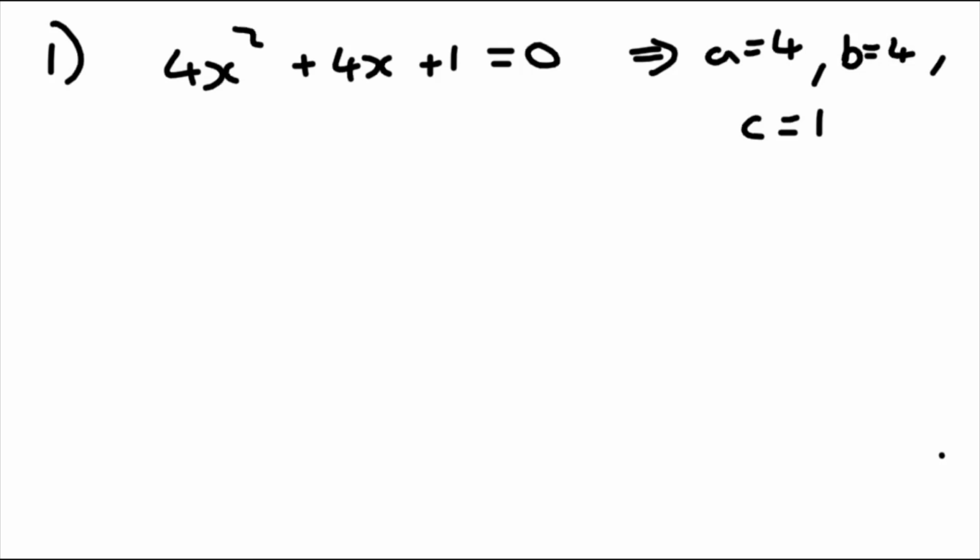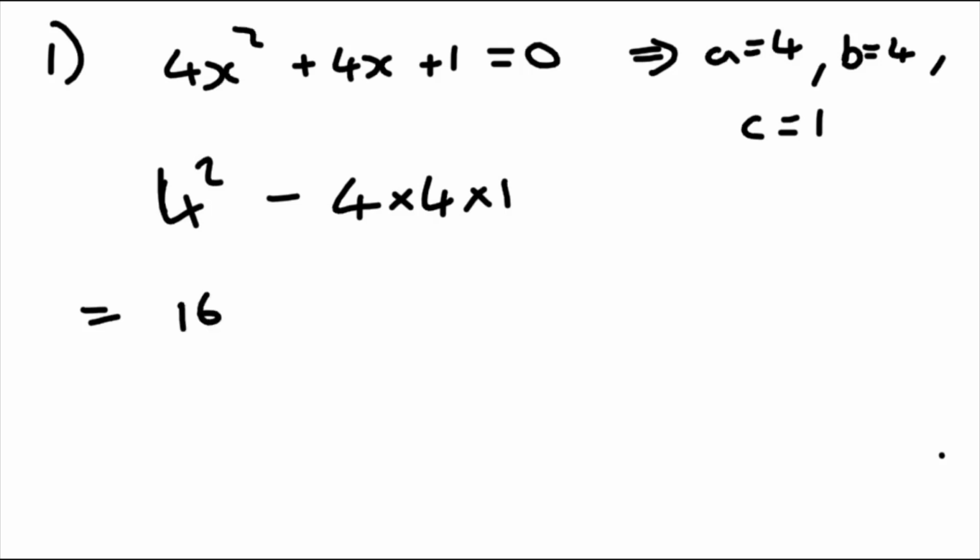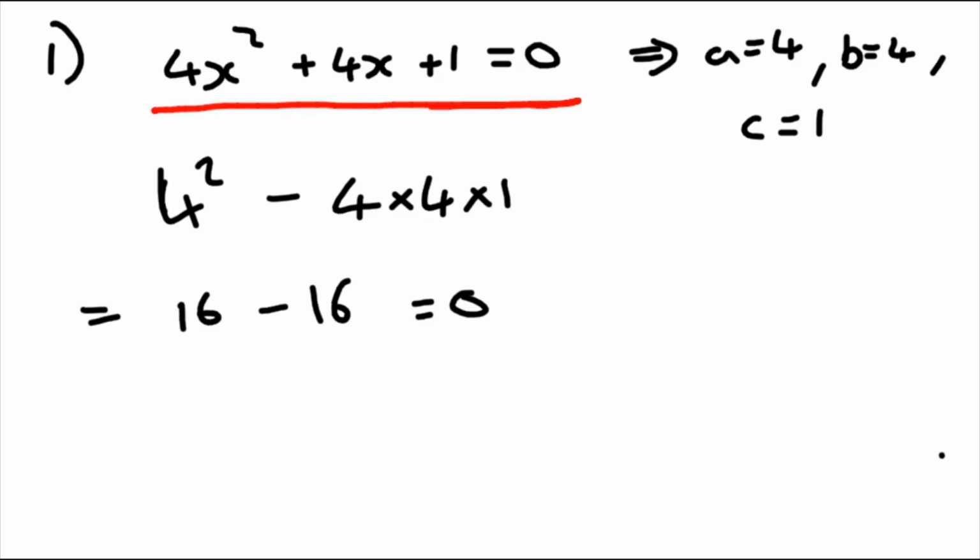So if we put this into the discriminant, b squared will be 4 squared, minus 4 lots of a times c, so 4 lots of 4 times 1. This is going to give us 16 take away 16, which is 0. So this quadratic equation only has one solution.